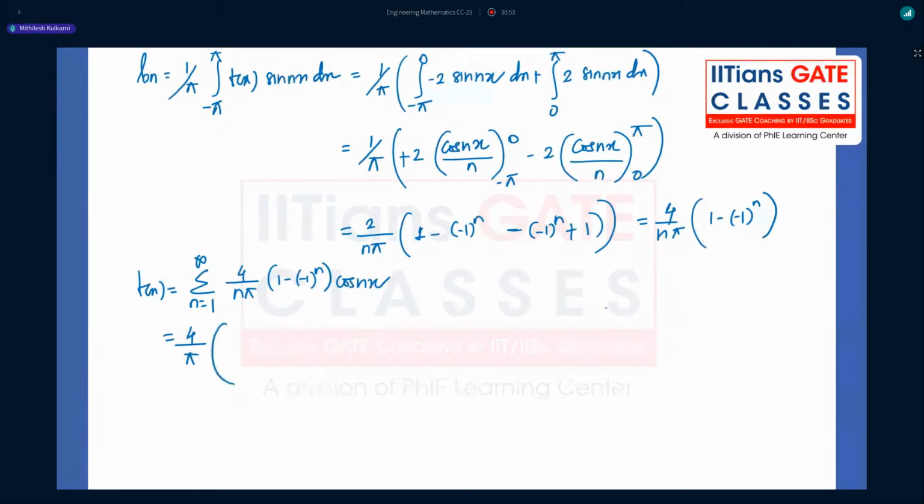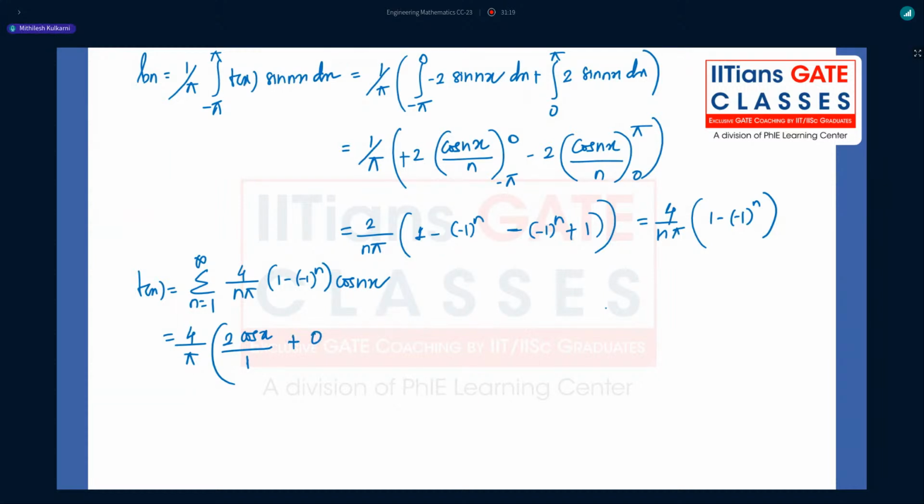So starting with n equal to 1, whenever n is equal to 1, what will happen? Minus 1 raised to the power 1 is minus 1. So 1 minus of minus 1 is 1 plus 1, which is 2. So it is 2 cos of x divided by 1. Plus the second term will become 0 because n will be 2.